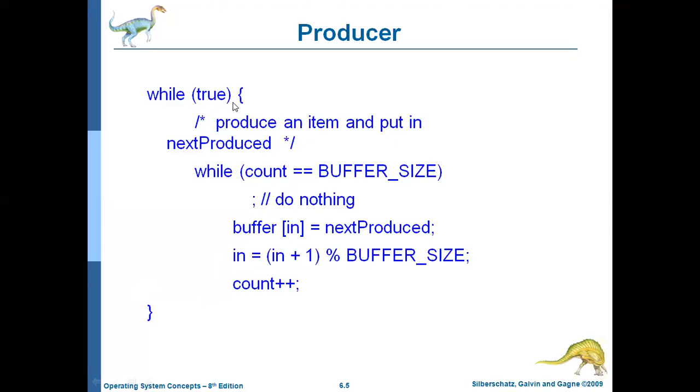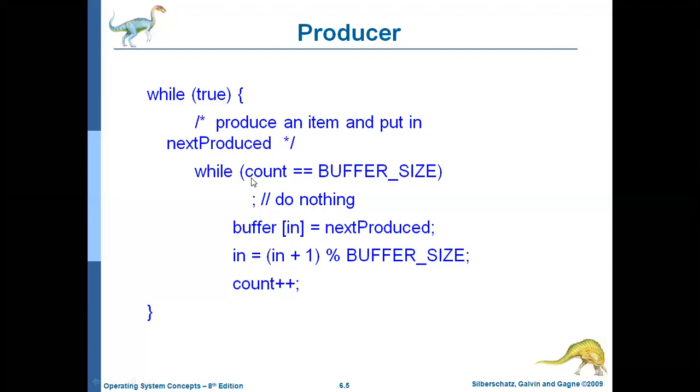So while of true means again you need to run. So while count equal to buffer size, now the count value is 2. 2 equal to 5? Condition fail. So buffer of 2 equal to next produced. And then in value is 3. Count value is 3.